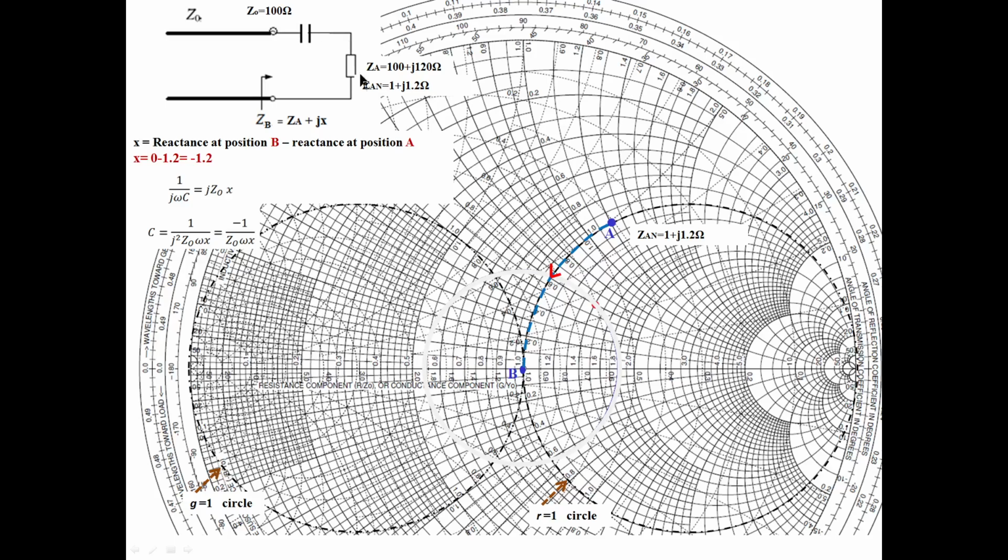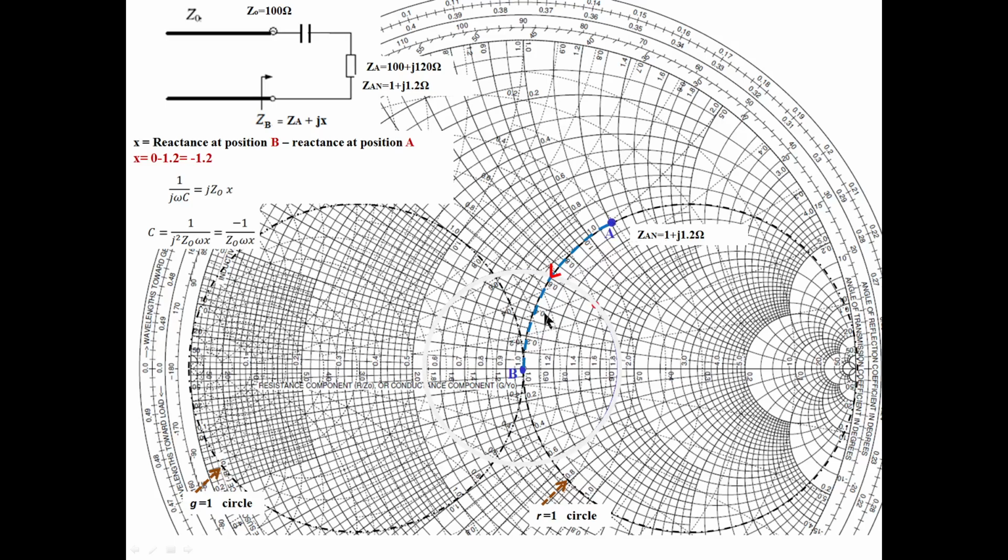What is the value added? See, the load is there, some load, say 100 plus j120, and the characteristic impedance is 100 ohm. I want to add some element here to make the impedance between these two equal to 1. I marked it on the Smith chart. See, it is on this circle.